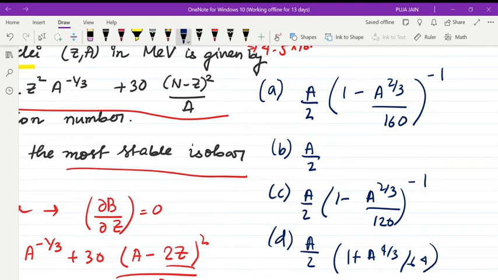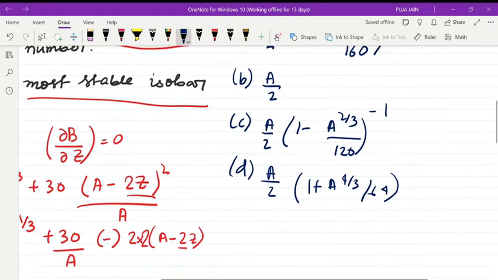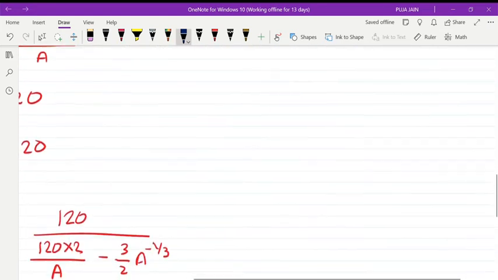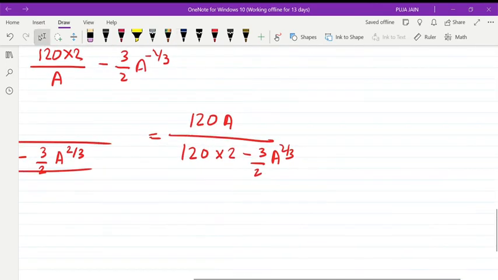So clearly we can see one thing, that we have to take A by 2 outside, because in all the options A by 2 is present. So now we have to manipulate in this way so that A by 2 comes out. This was our final form.